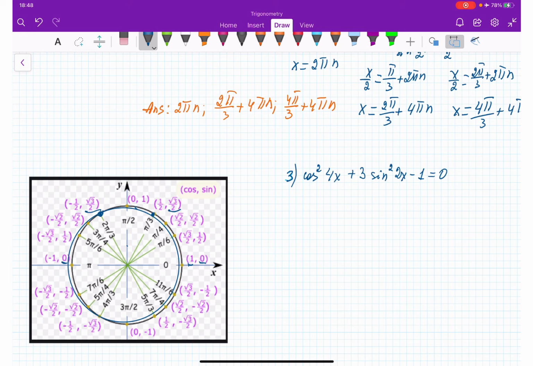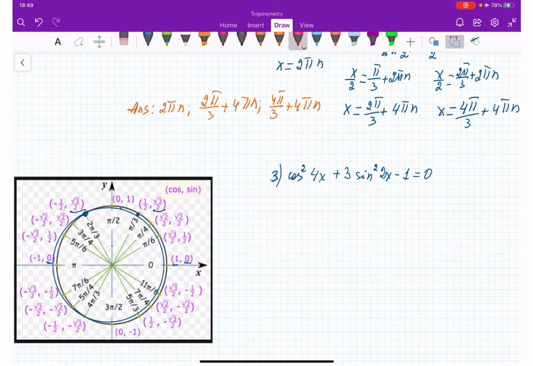All right, so from here, what we can do, again, we have 4x, we have 2x, we have cosine, we have sine. So this is what I'm going to do. This time I'm going to convert sine squared 2x into cosine 4x using a formula.